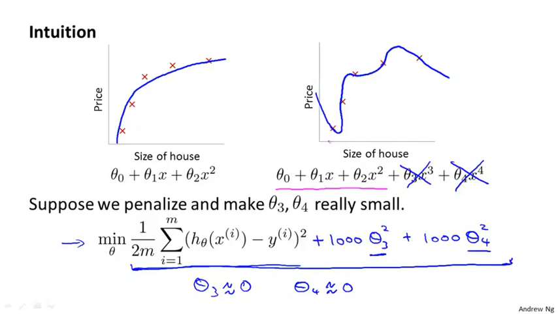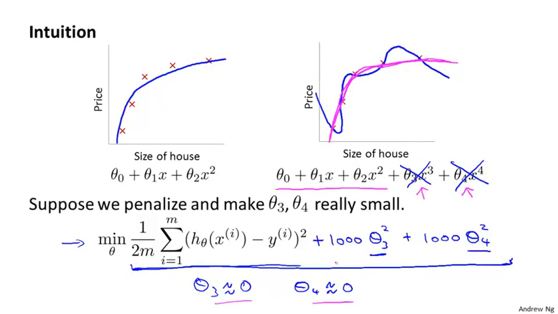And so we'll end up with a fit to the data that's a quadratic function plus maybe tiny contributions from small terms, theta 3, theta 4, that are very close to 0. And so we end up with essentially a quadratic function, which is good because it's a much better hypothesis.